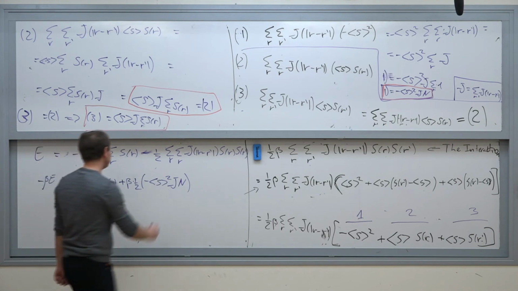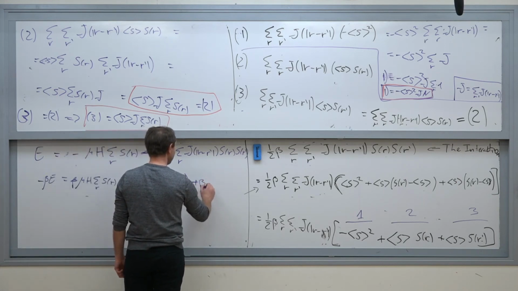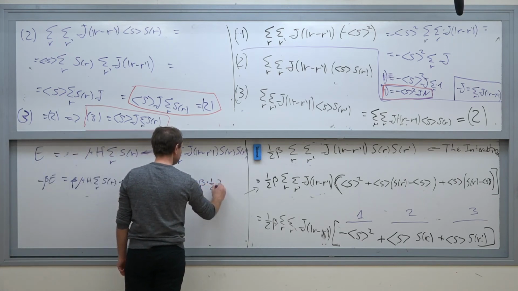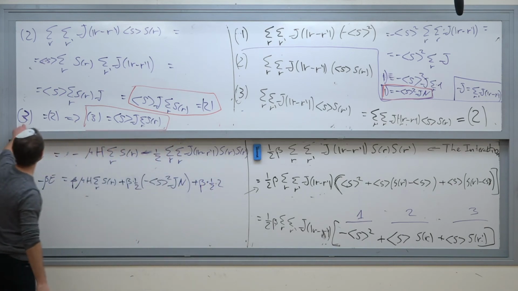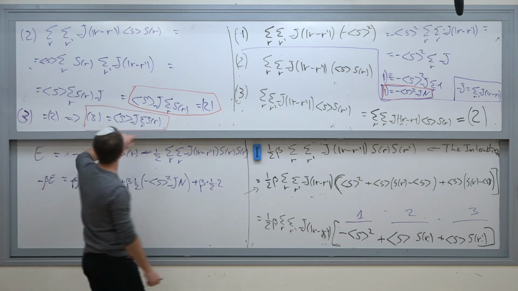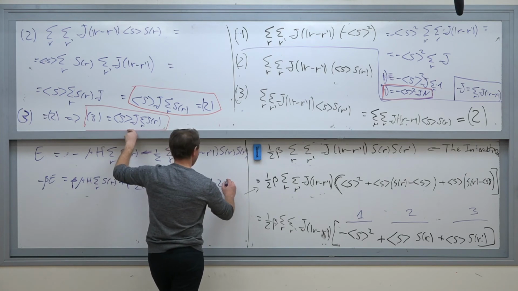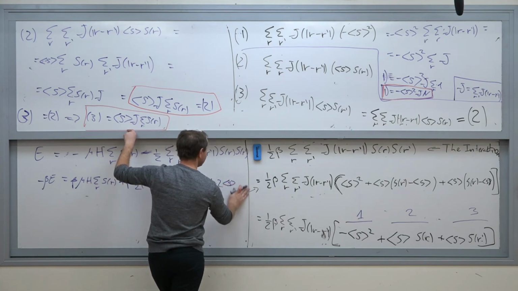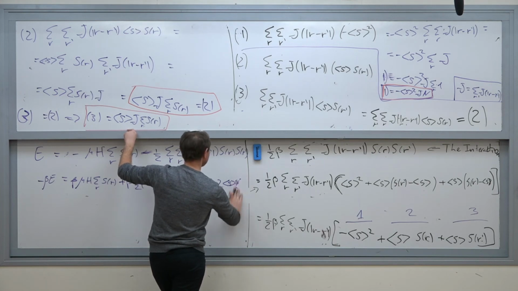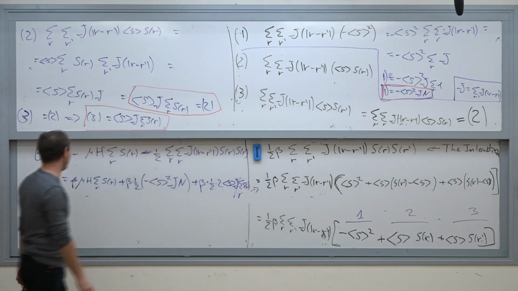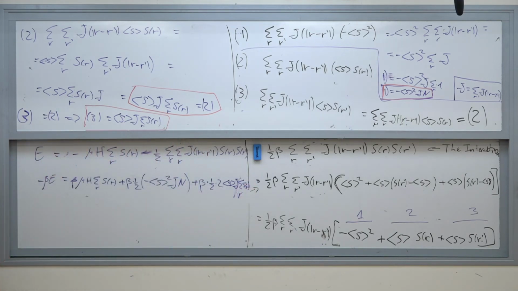Okay, plus beta multiplied by 1/2 multiplied by 2, because 3 equals 2, and here we have average s sum of r, average s j sum of r s of r. This is our e to the minus beta e.